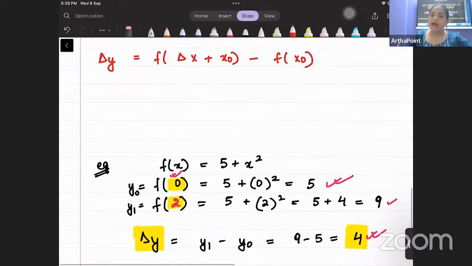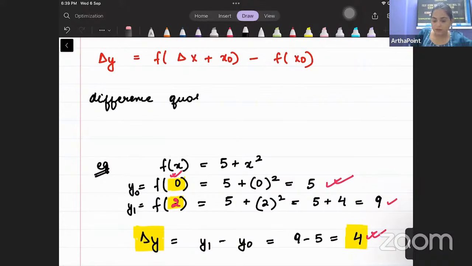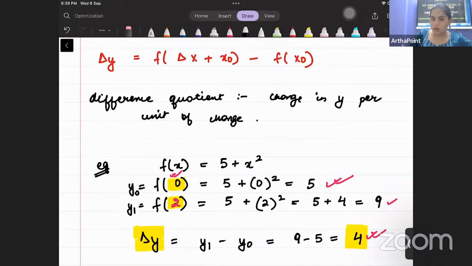Now I am defining something. This is called the difference quotient. Okay, beta, what is the difference quotient? The change in y per unit of change in x.